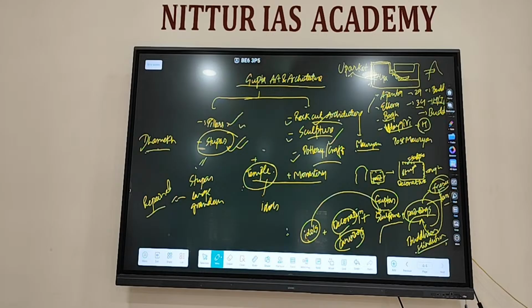Fine. So these are the major rock-cut architecture of the Gupta period. Remember Ajanta, Ellora, Bagh, and Junagadh caves.